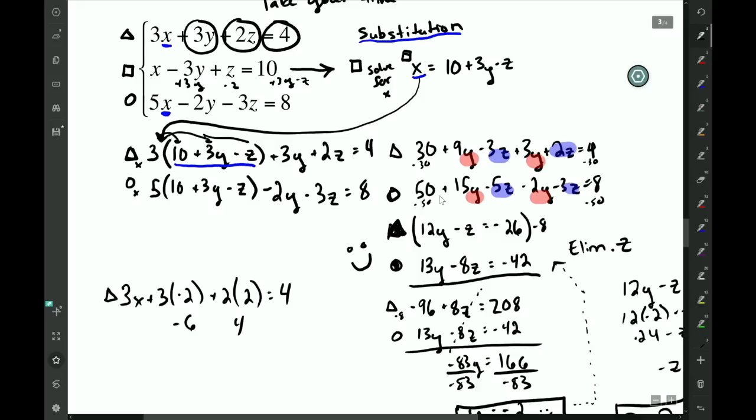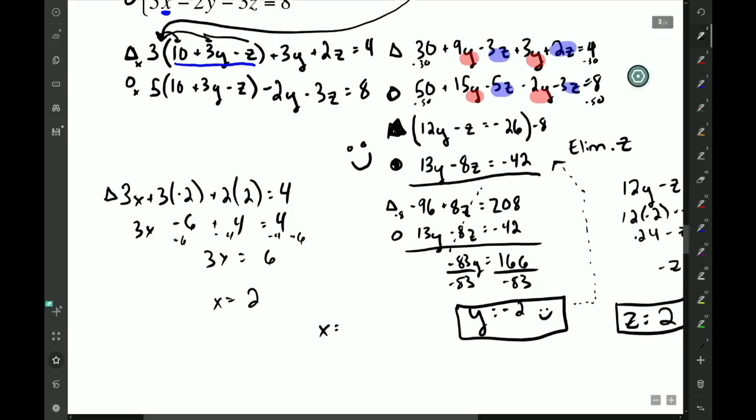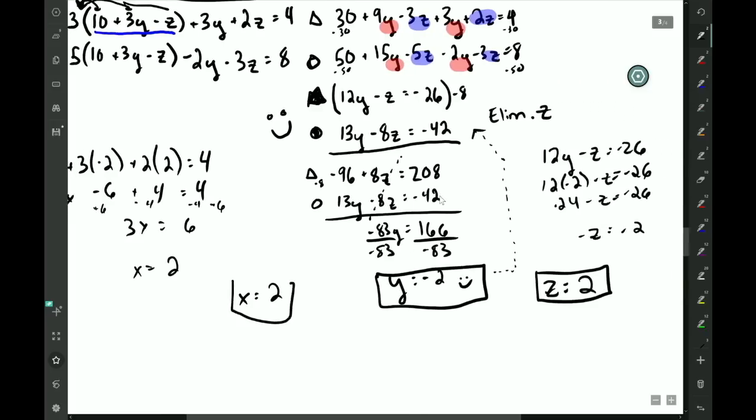So 3x minus 6 equals 4, and lo and behold, actually +6 equals 3x, and x will equal 2. So to be clear, I added 6 over after subtracting 4, bada boom, bada bing. X equals 2, y equals -2, z equals +2.